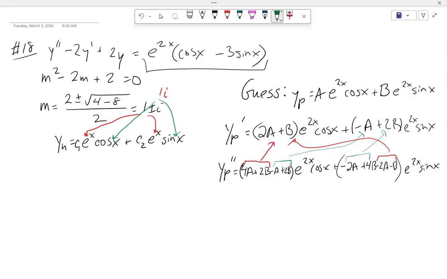Let's simplify that a little bit. We get 3a plus 4b e to the 2x cosine x. And then we get -4a plus 3b e to the 2x sine x.